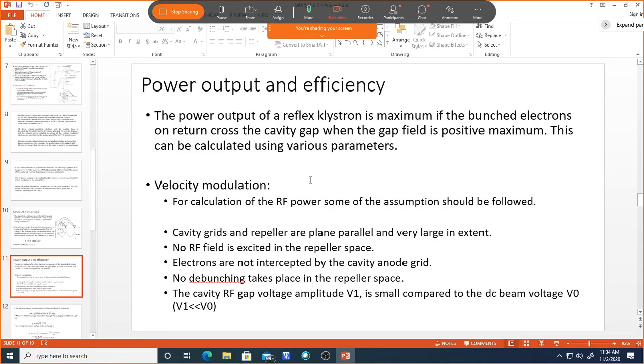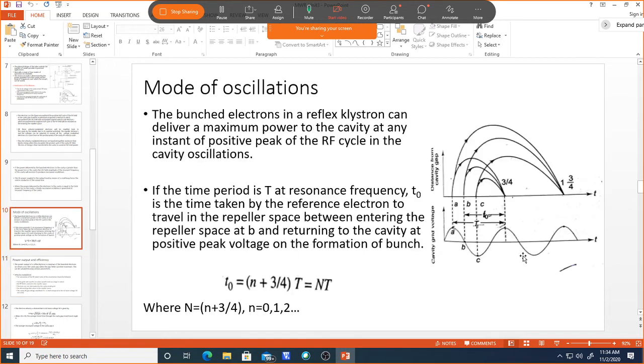Now coming to the power output and efficiency, we need to calculate them for the different modes. The power output of a reflex klystron is maximum if the bunched electrons return to the cavity gap when the gap field is at positive maximum, that is, when the RF cycle is at a positive peak, the bunched electrons give the maximum power.